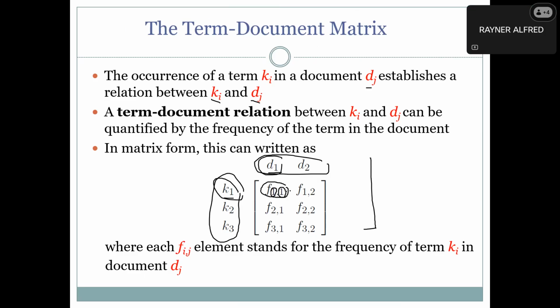Any question? Morning, Prof. Is the column always the document, and the keyword always the rows, or can it be transposed? It can be transposed too. Sometimes the document is on the row side and sometimes the keyword is on the column side.